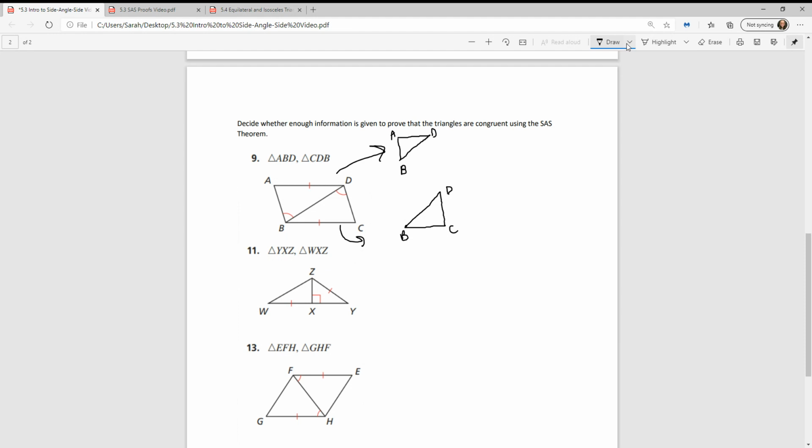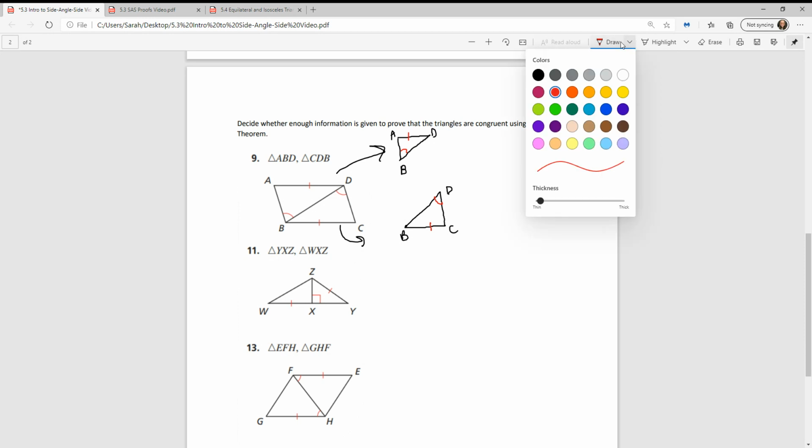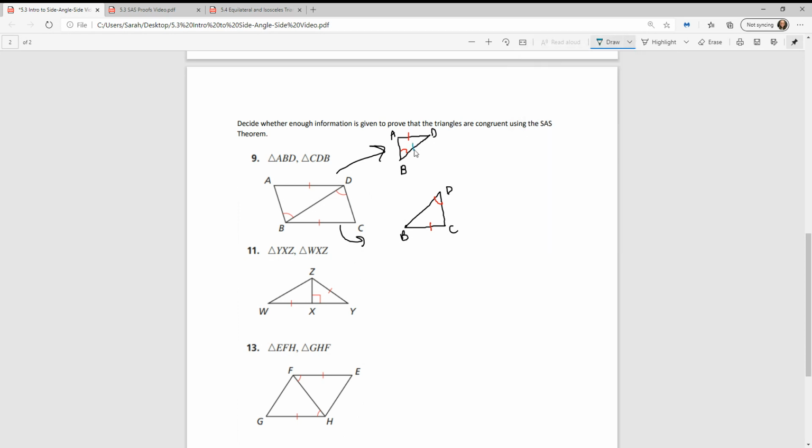Now let's label what we know. We know that AD is congruent to BC. We know that angle ABD is congruent to angle BDC. Okay, what else do we know? Well, notice that BD is part of both triangles. So since BD is part of both triangles, it's going to be congruent to itself by the reflexive property.